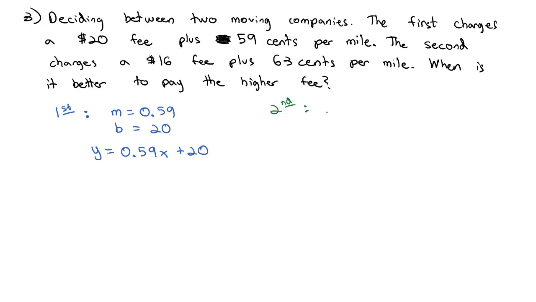The second company has a rate of change of 63 cents per mile and a starting amount, our b, of $16. So the second company's equation is y equals 0.63x plus 16.